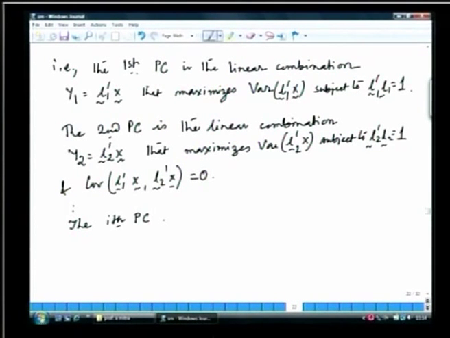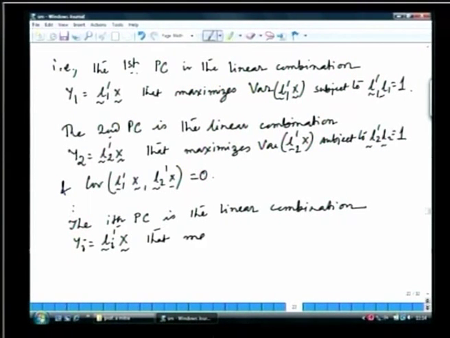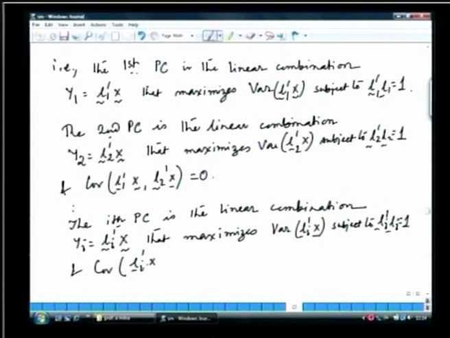The ith principal component is the linear combination yi is Li transpose x that maximizes the variance of Li transpose x subject to, as before, Li transpose Li equal to 1, and the covariance between Li prime x and some Lk prime x is equal to 0, and this has to be true for all k which is less than i.